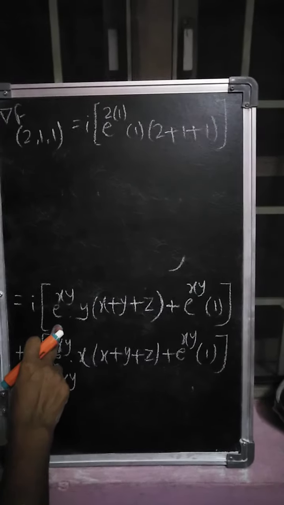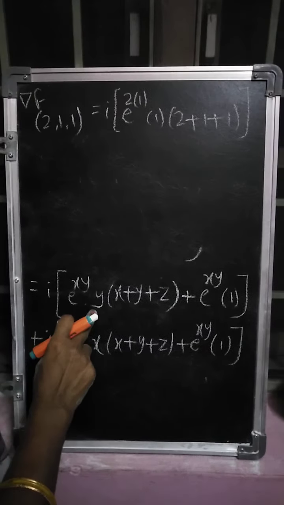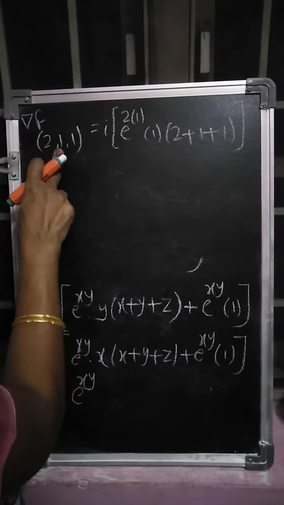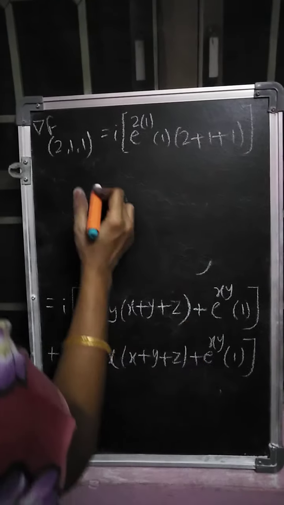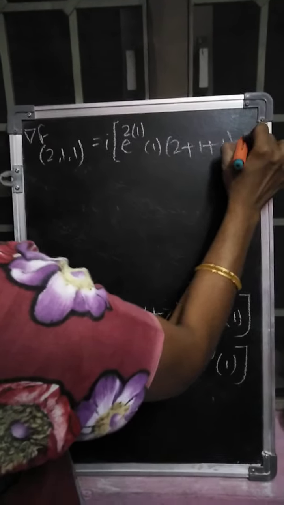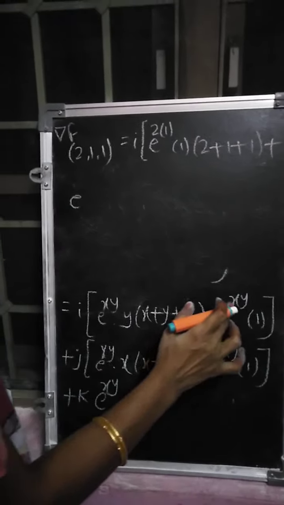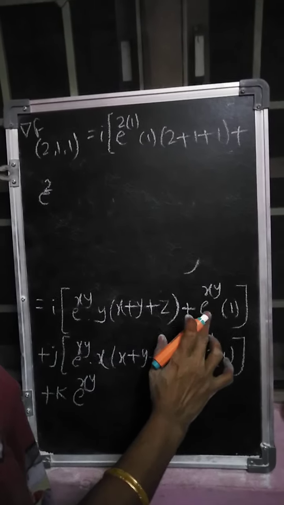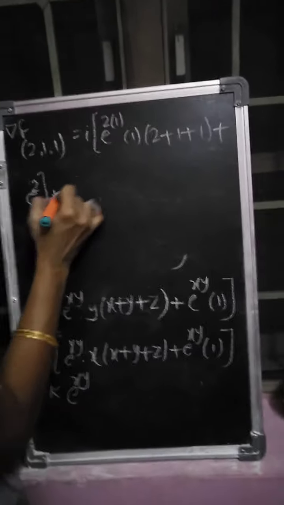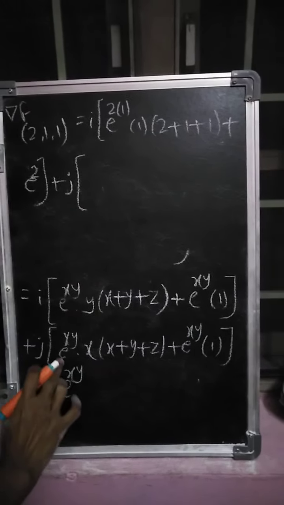We can substitute in this e power xy into y. My value is 1. X plus y plus z is this one, plus e power xy. E power xy means e to the xy, so plus j into e power xy.